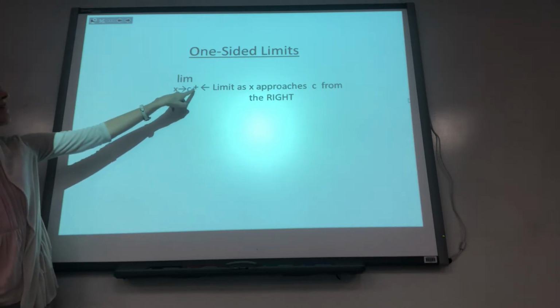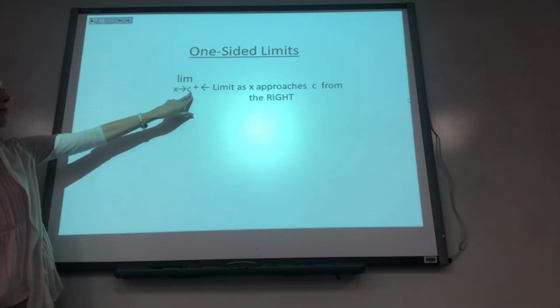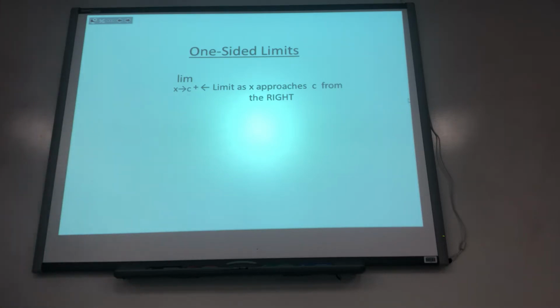If you have a plus sign with your value, then you are finding the limit as x approaches c from the right. The plus sign indicates you're coming in from the right. Okay, the limit as x approaches c from the right.